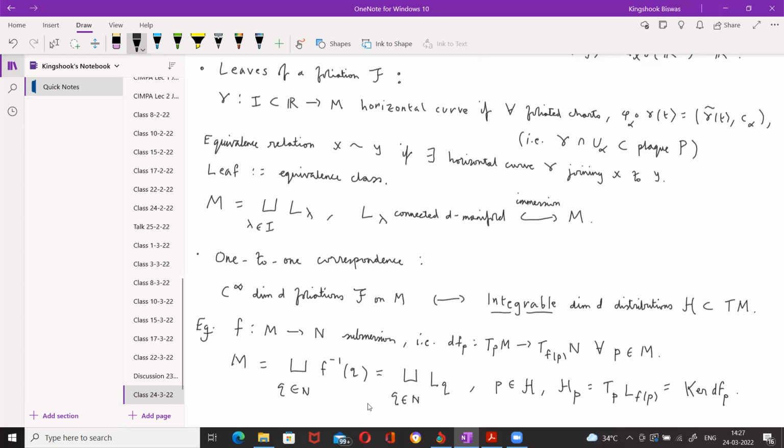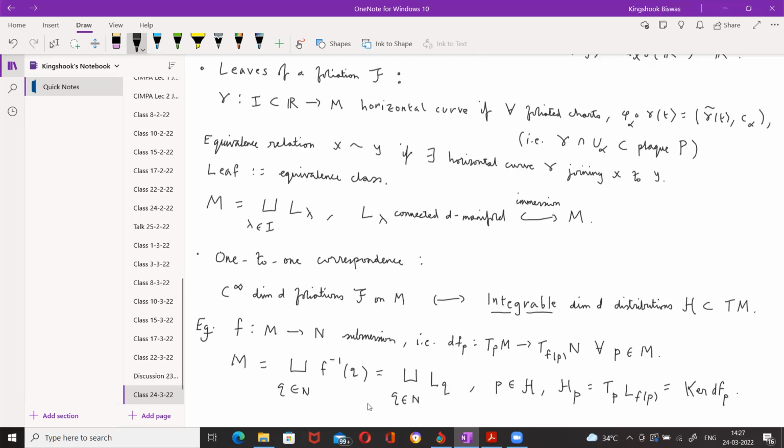That's correct. But there's a slight problem here, right? You don't need completeness. That's not the problem. If the vector field vanishes, then you may not have a foliation. Right. So, can you give me an example of a manifold which does not admit any one-dimensional foliation?